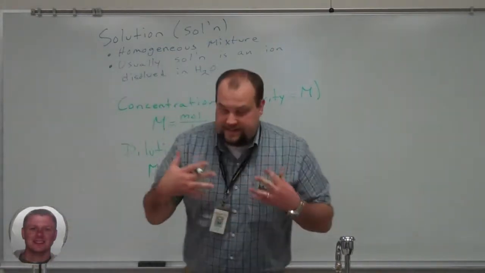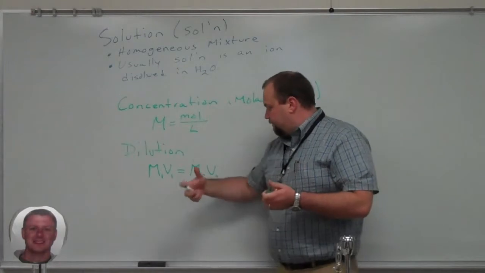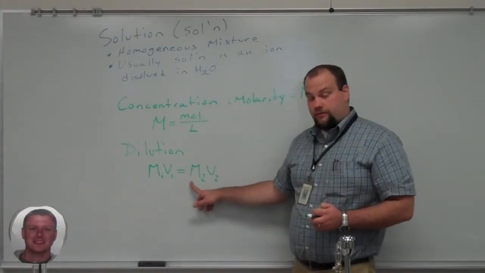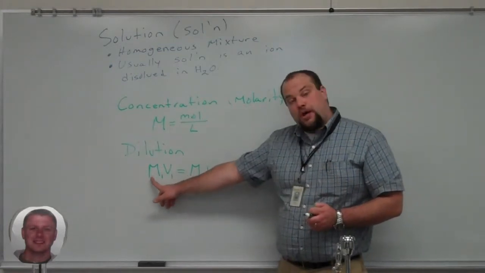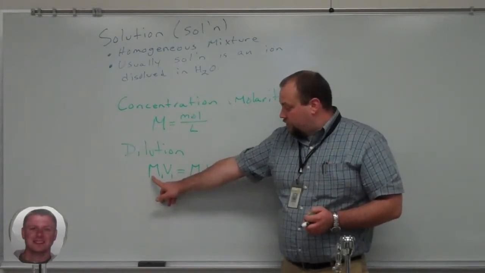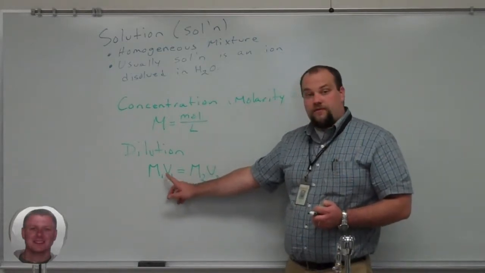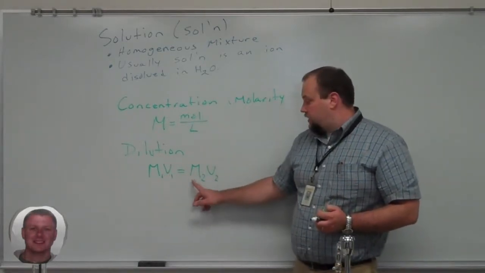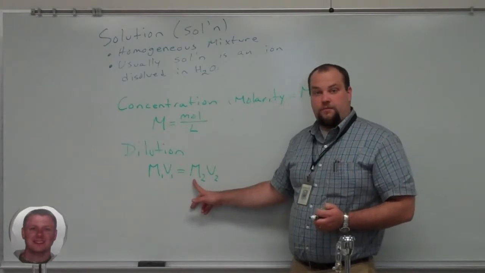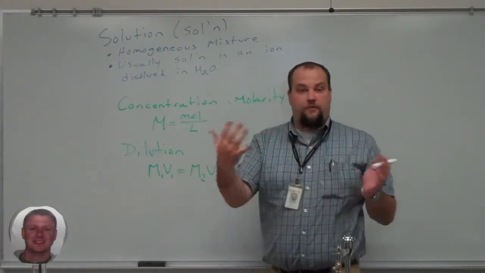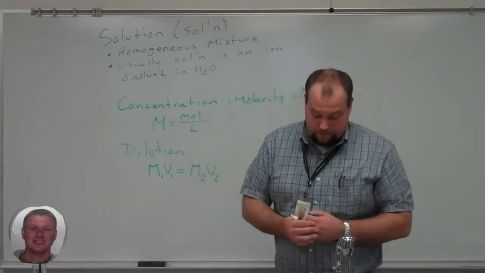So let's say I want to make 1 liter of 0.1 molar solution, and all I have is 12 molar. I would put in 12 for my initial molarity. I don't know what volume to add, but my second molarity would be 0.1, and my second volume would be 1 liter, or whatever you desire.